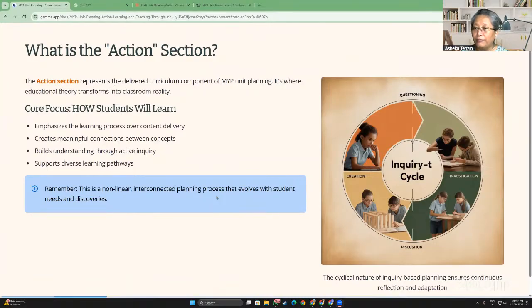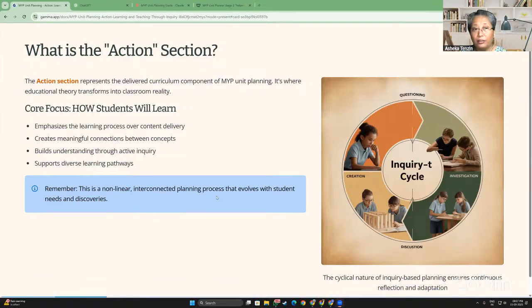You know that one of the approaches to teaching in MYP is that you have to teach so that students have conceptual understanding. Okay, so there you have to create meaningful connections between the concepts that you have selected for that particular unit. So in stage 1, inquiry, you already saw that you have to pick one key concept and two or more related concepts, right?